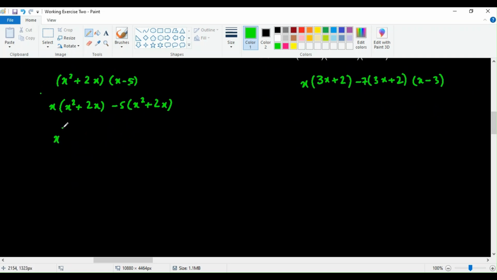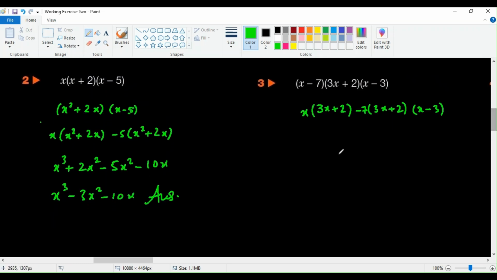This gives us x cubed plus 2x square minus 5x square, and minus plus is a minus 10x. Now final answer for this one is going to be minus 3x square and minus 10x as the final answer for this question. Moving on to next question, which is question number 3.